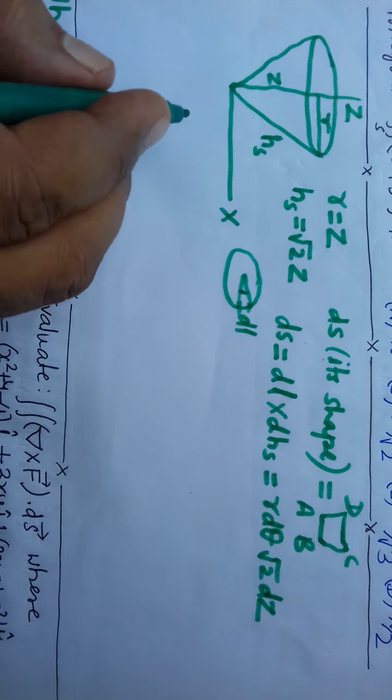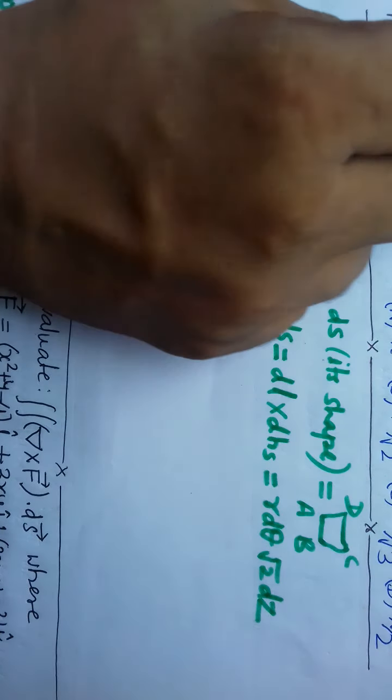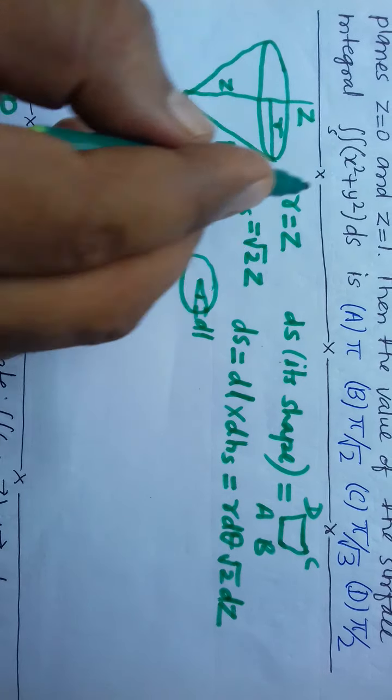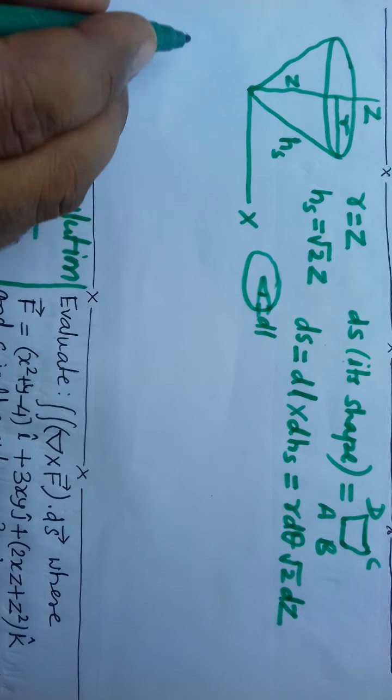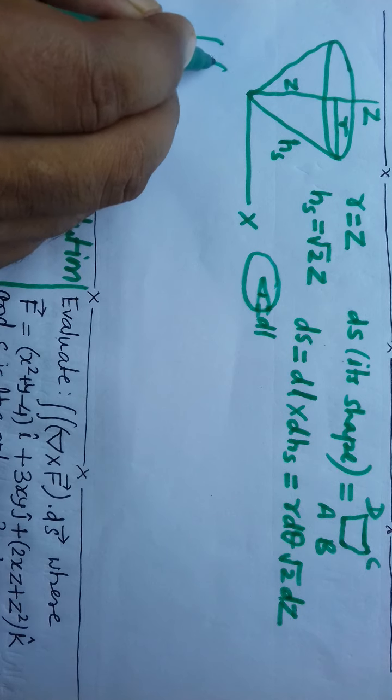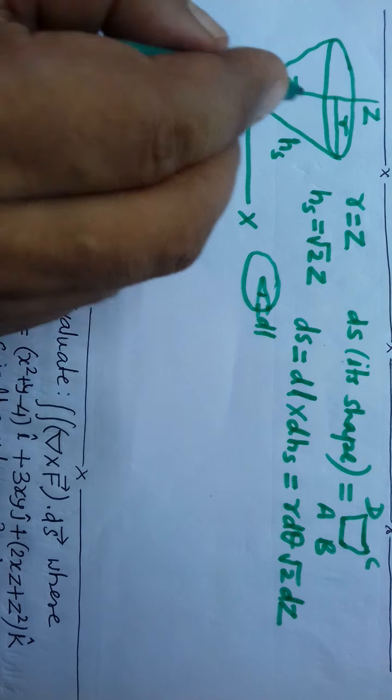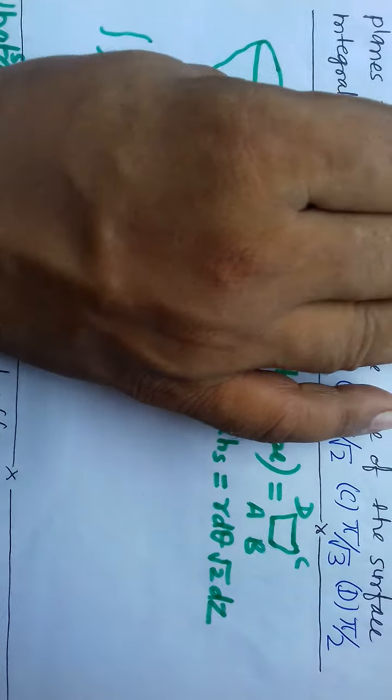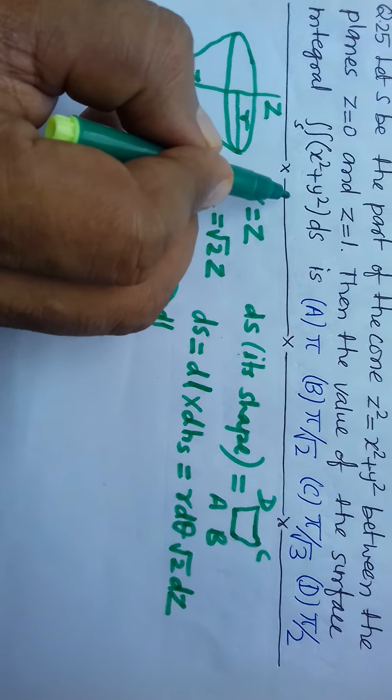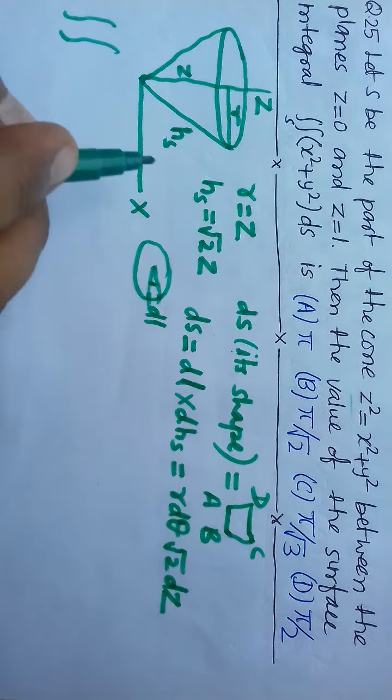Now we can go for this integration. Here this double integration will be, in the question it is x square plus y square, and from here it is equal to z square.